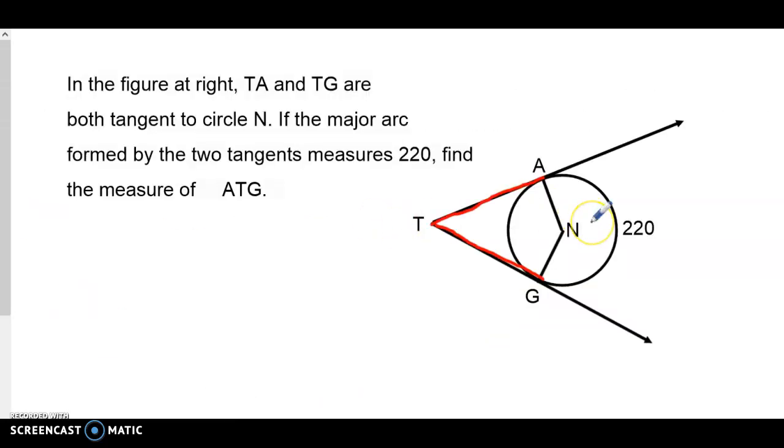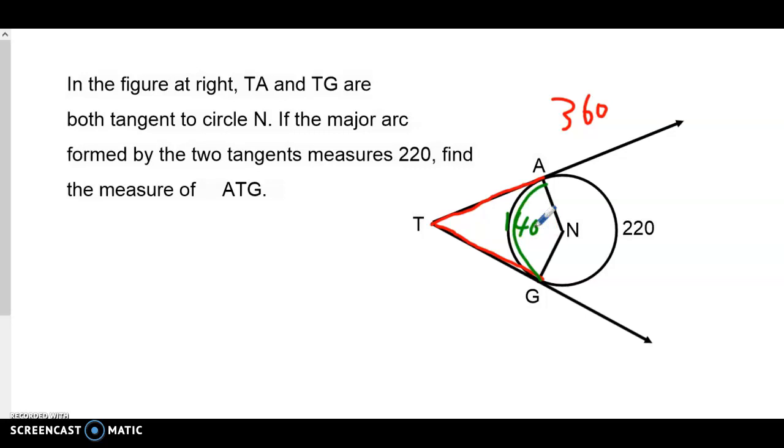First of all, this is a major arc, which is 220. As we know, the whole circle is 360. So if this is 220, then the other part, which is this one, will be 140.